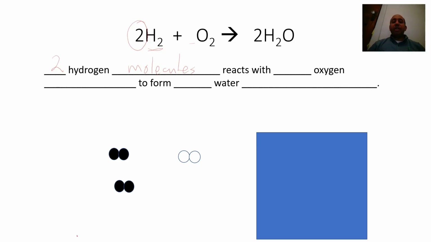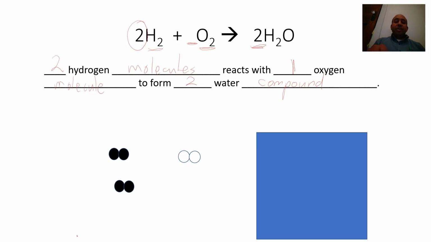Reacts with, and you see that there's no number in front of the oxygen, so it's a 1. And since the atoms are the same in oxygen, we write molecule. To form, and you can see that there's a 2 in front of the water. Since water is made of hydrogen and oxygen, we write compound.